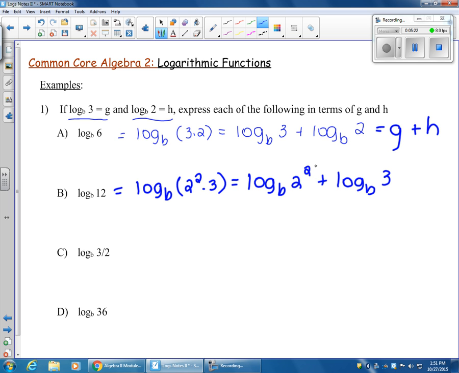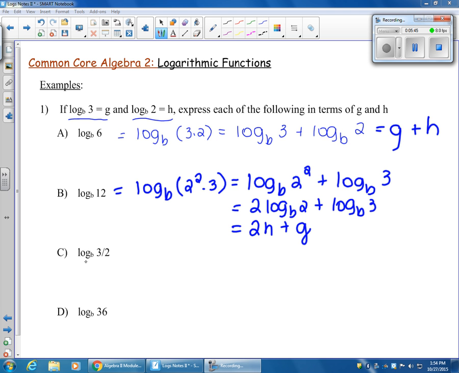Then our power rule says that the 2 can come out in front. Then we can make the substitution. Log base b of 2 is h, log base b of 3 is g, so we have 2h plus g.